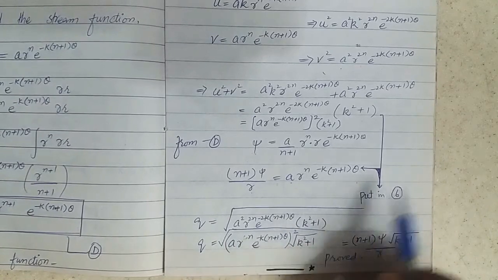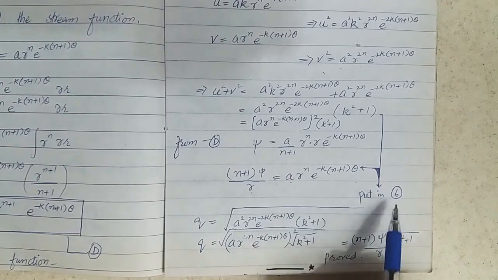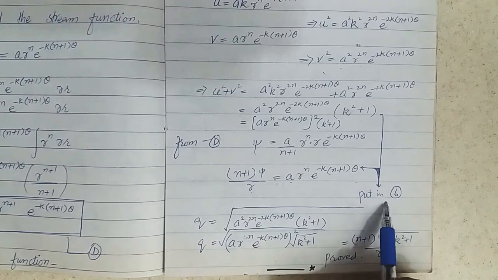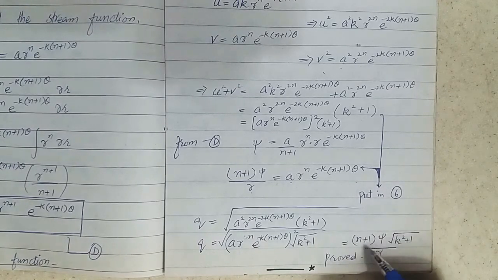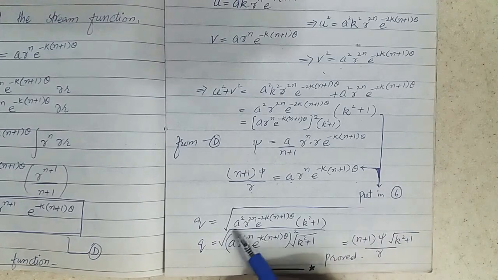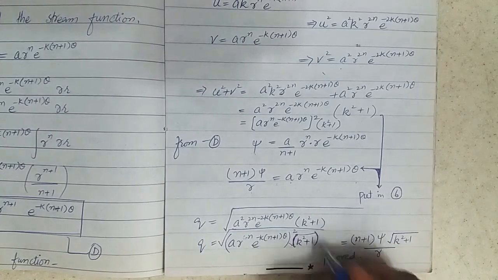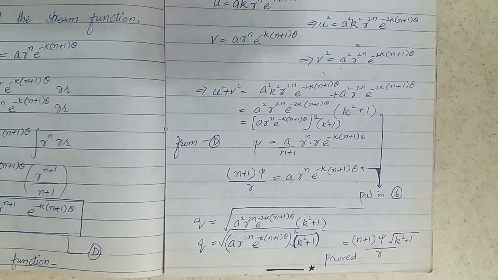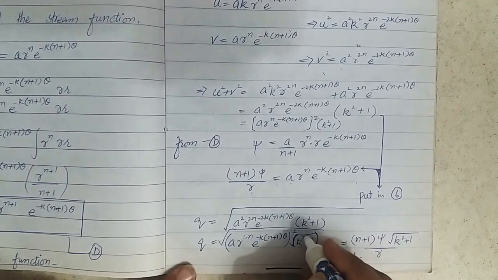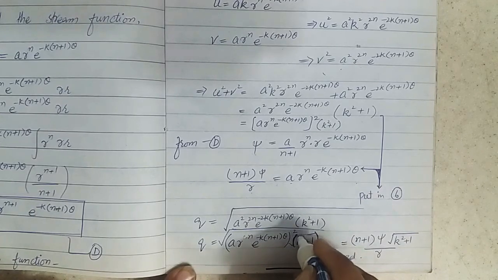By putting these values in equation 6, the square of this term will cancel with the square root, and only this term will remain, and that is the velocity component. We have to show that the velocity component is equal to these terms.